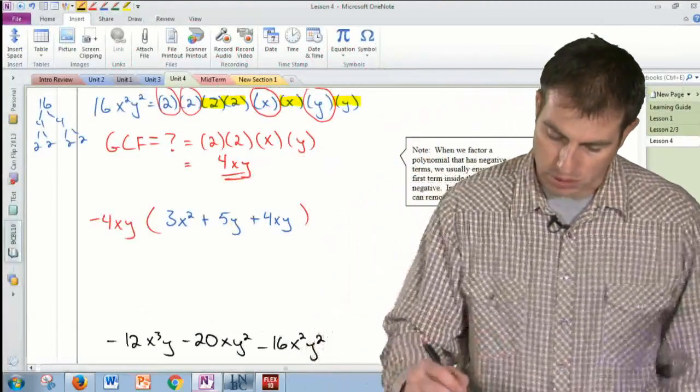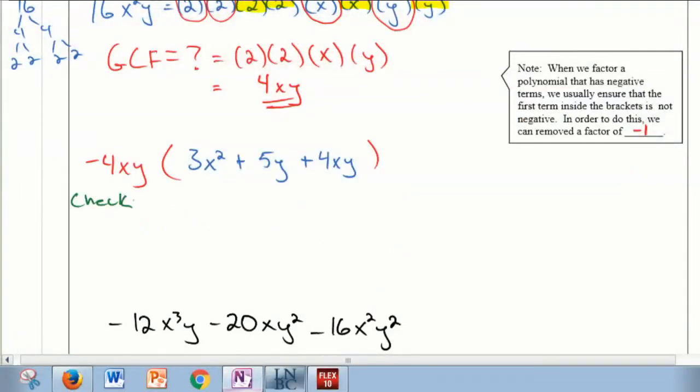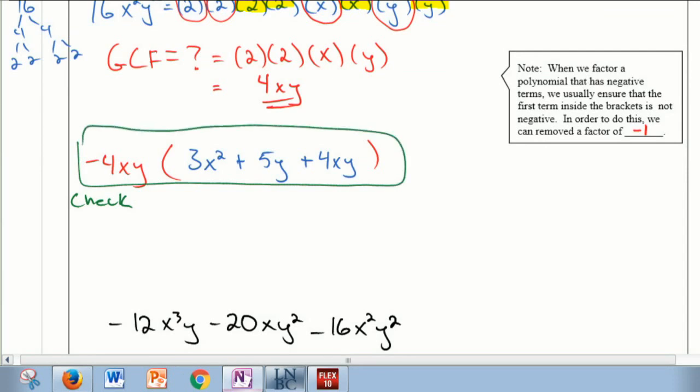So what I want to do is I want to check to see if my answer is correct. So I'm just going to rewrite everything here. -4xy, 3x squared plus 5y plus 4xy. I'm going to expand. That is what checking really means. Just expand and multiply this out 3 times.